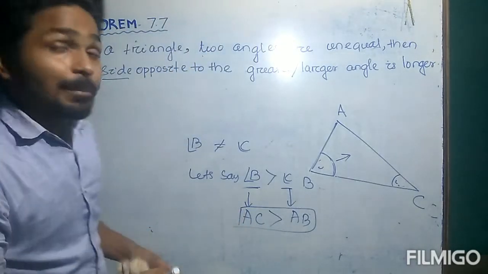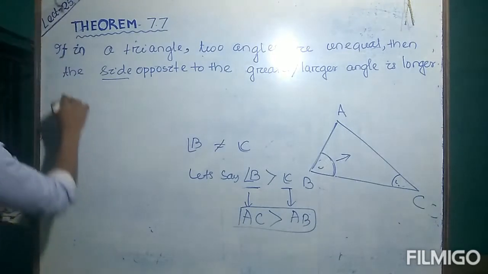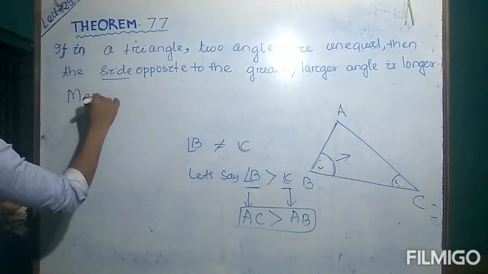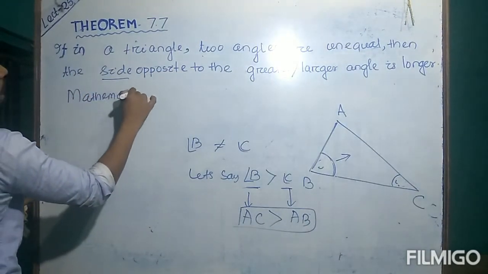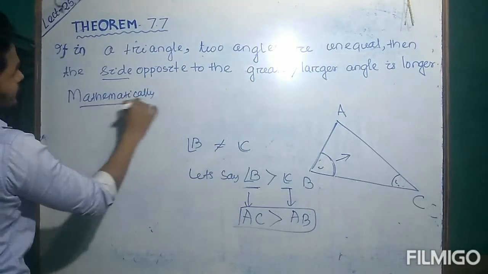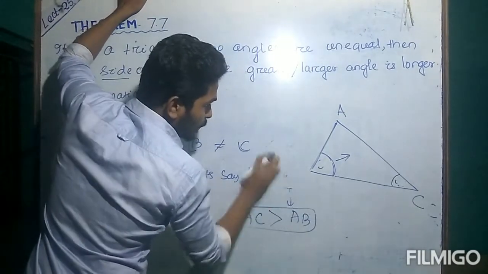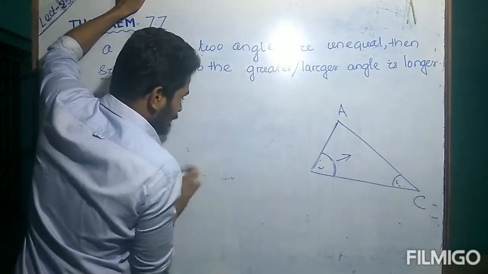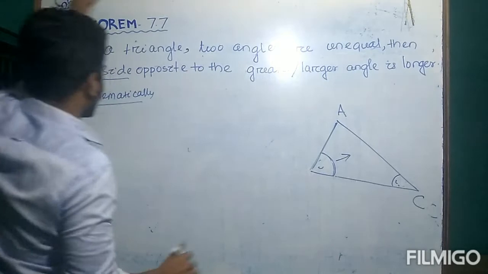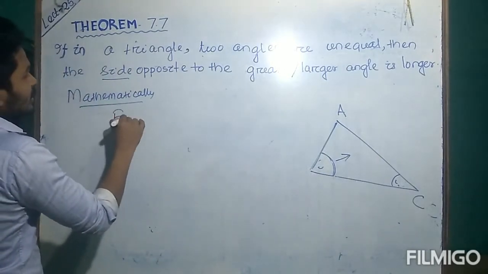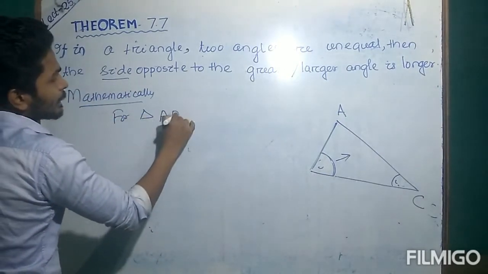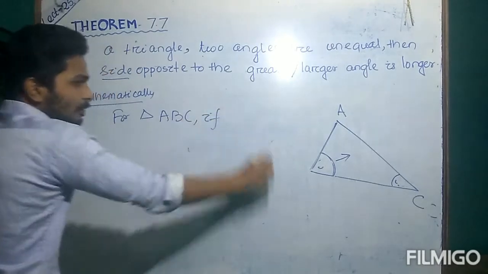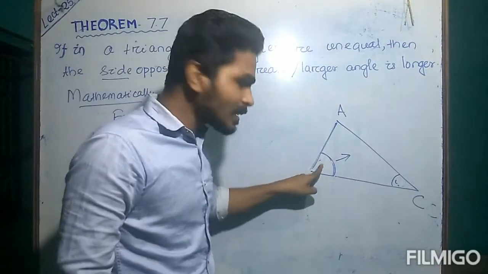Let us write this mathematically. Here we have taken the triangle ABC. For triangle ABC, which angle have we taken as the larger angle?